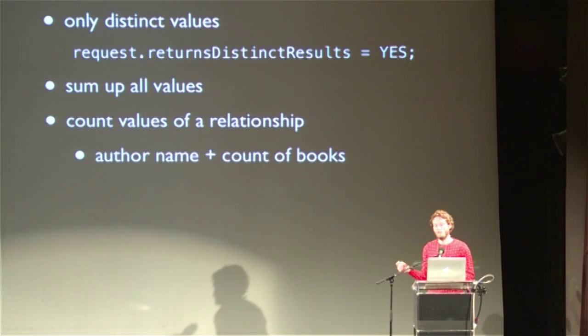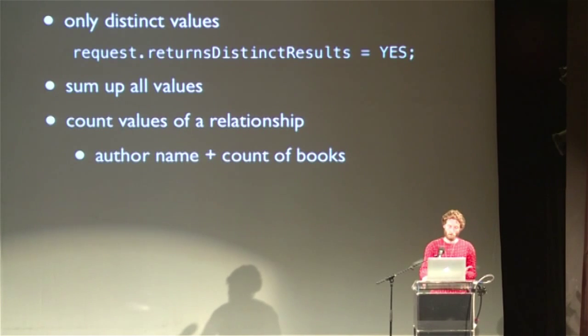You can have the database, I mean, it's even below the core data level, but you can have the database do math for you. If you want to sum up the number of pages of all the books of an author, instead of pulling those objects in, doing the math in memory, you can actually have the database do the work. Again, you save a lot on I/O, and it helps performance. You can get numbers of relationships and stuff like that, again, without having to pull in the data.